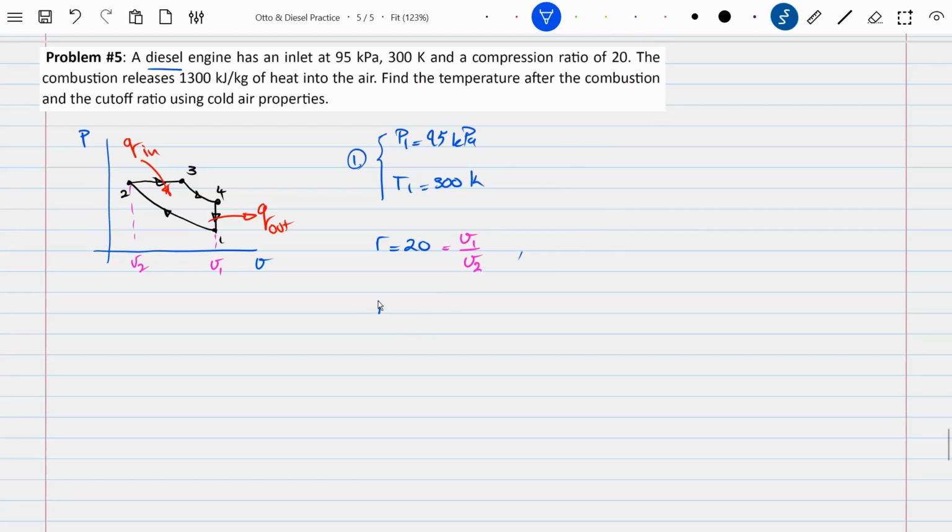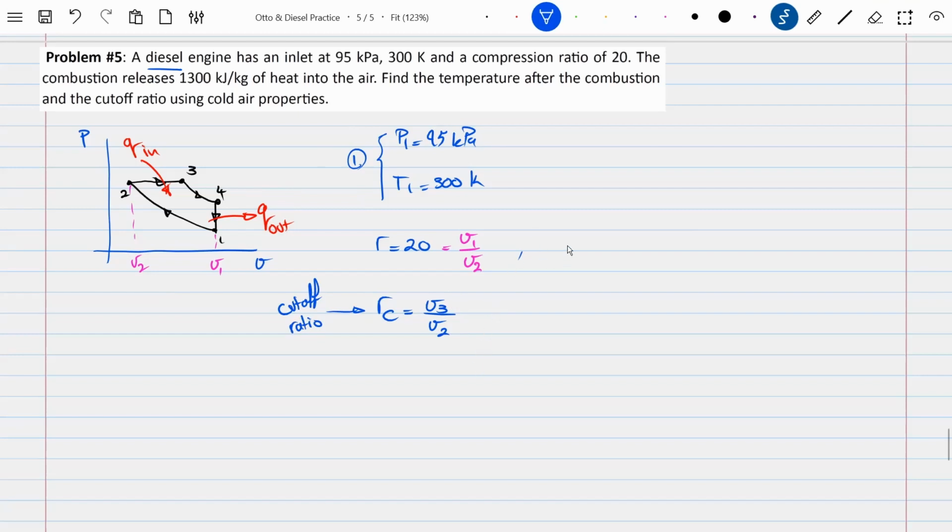The cutoff ratio, we show it with R_c, is the volume of point 3, state 3, after the combustion, to the volume of state 2 before the combustion. So this is, by definition, we call this the cutoff ratio. And this is one of the things that the problem is asking us to calculate.